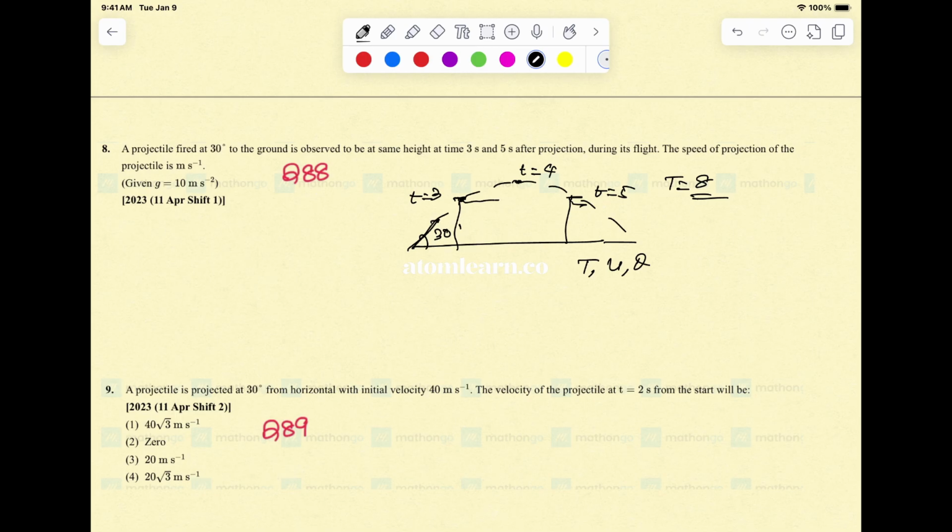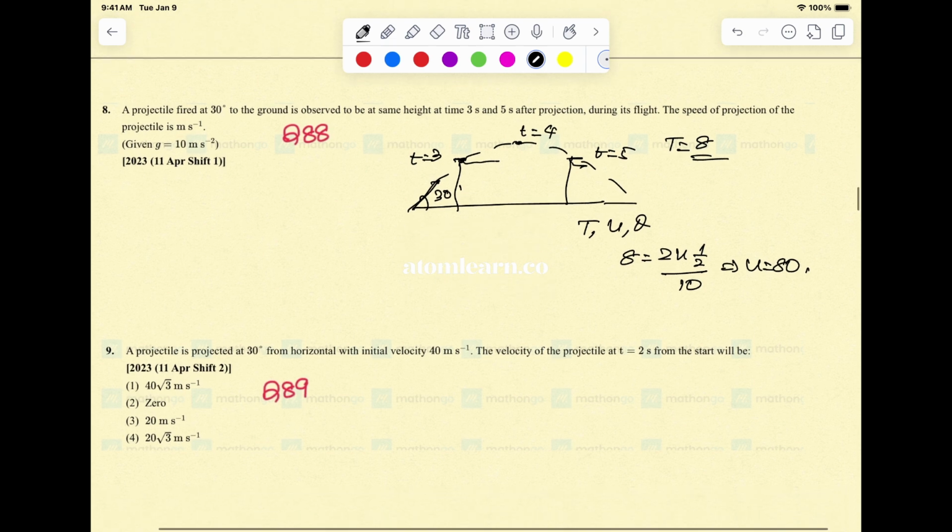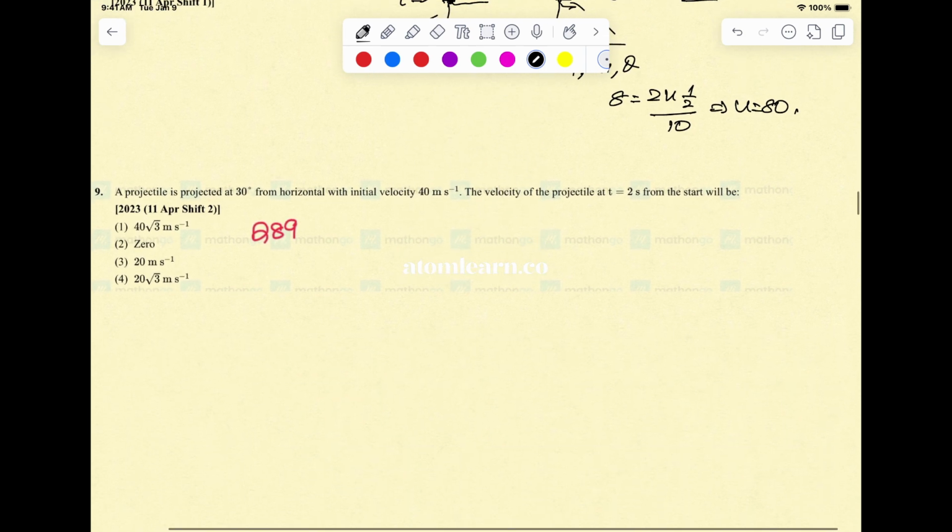The first formula: T equals 2u sine theta by g. 2u sine 30 is half, g is 10, so 80. Therefore, u is equal to 80. Understood? Okay, then go to the next question.